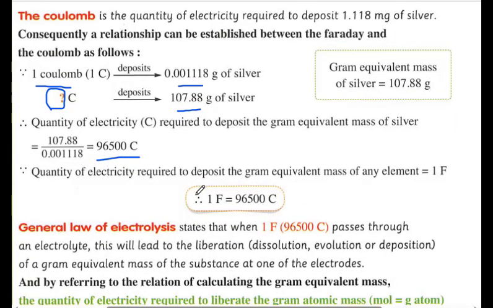So by this we understand that 1 Faraday equals 96,500 Coulomb, and this is the general law of electrolysis.